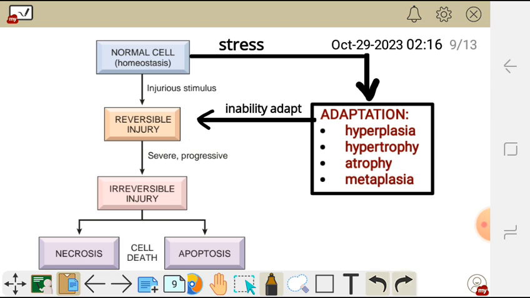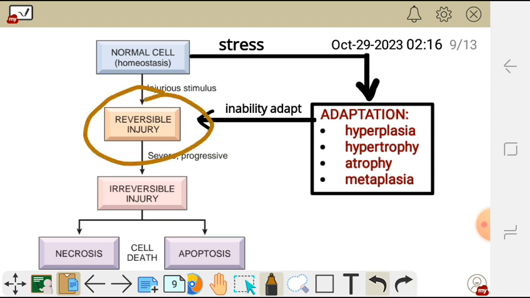This injury, if resolved, then the cell will go back to its normal function. But if it is severe, then the cell will progress to irreversible injury. Here the cell will eventually die, and it can die in two ways: via necrosis or apoptosis.